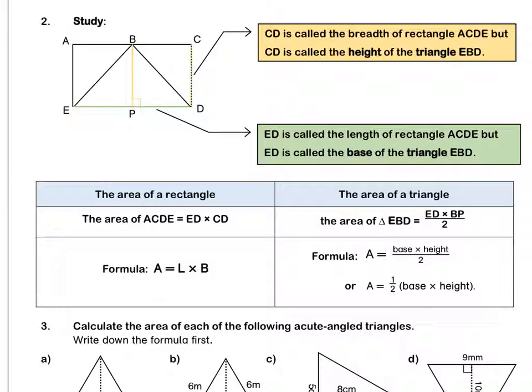Therefore, the formula stays exactly the same. It's the base times the height divided by 2. The only difference now is that the height of the triangle is inside the triangle, and we call it the perpendicular height because it must form a right angle with the base of the triangle.